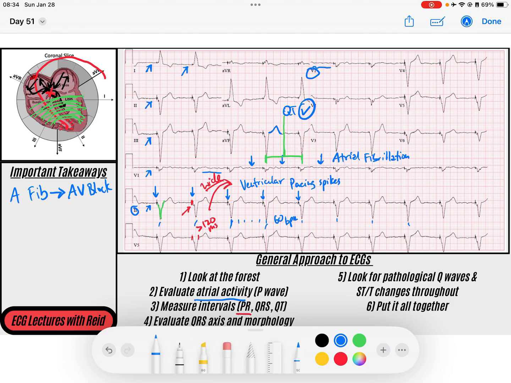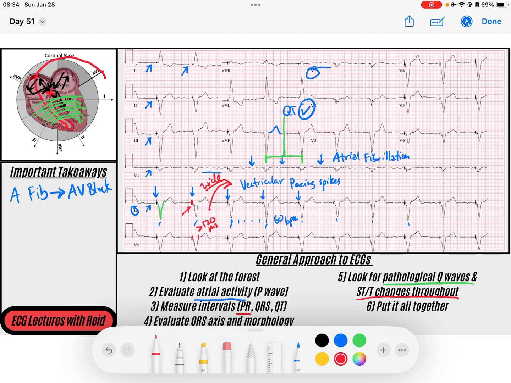You can obviously calculate the corrected QT interval, which you just need to measure the R to R interval in seconds and all that stuff. We're not going to worry about that here. And then the last thing I'm going to do is look for pathological Q waves, which we cannot really do because this is a ventricular paced beat. So Q waves would only be really helpful if it's coming from the AV node. And we can still look for ST and T wave changes.